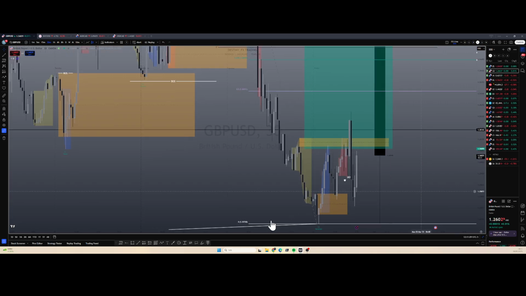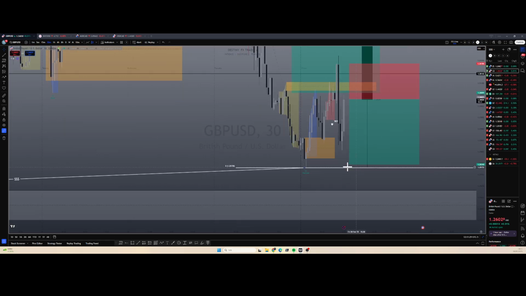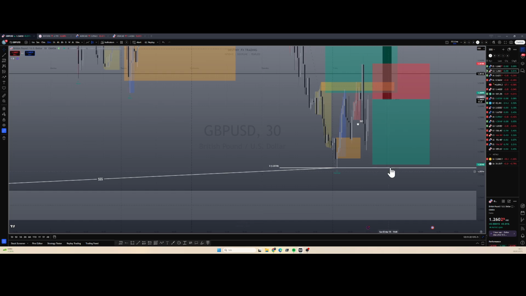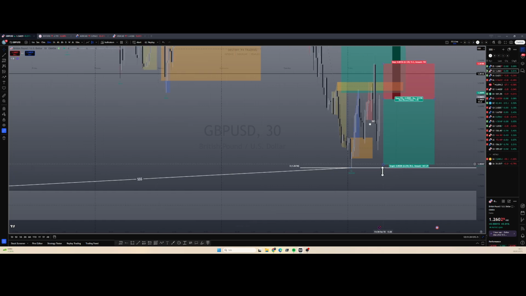So I just entered a short position and we'll see how it goes. I entered at 30. And this should allow EuroGBP to just push up, right?